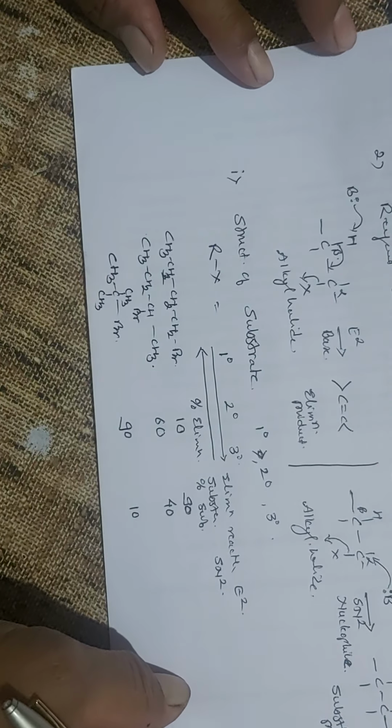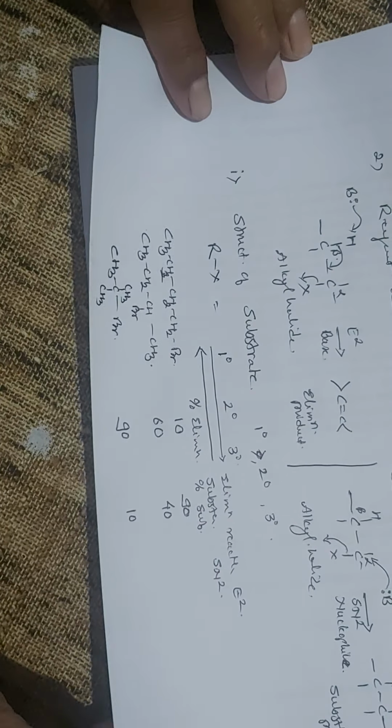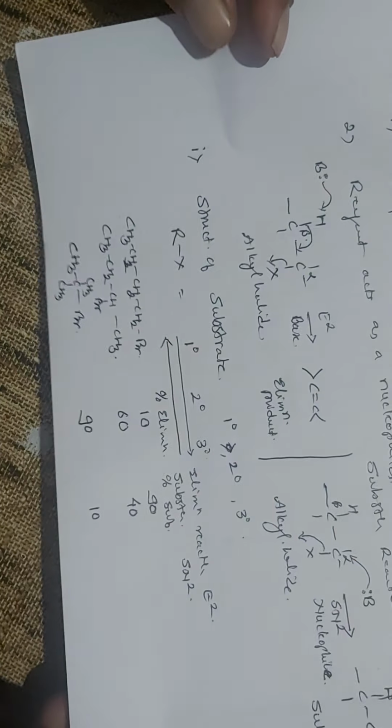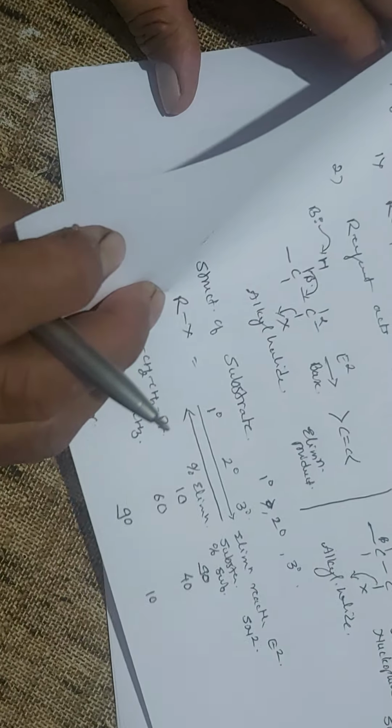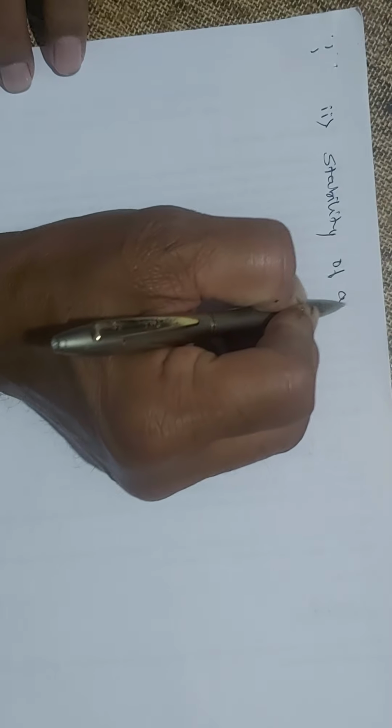And so in this way the structure of the substrate plays a role. In the next step, we consider the stability of the alkene formed.